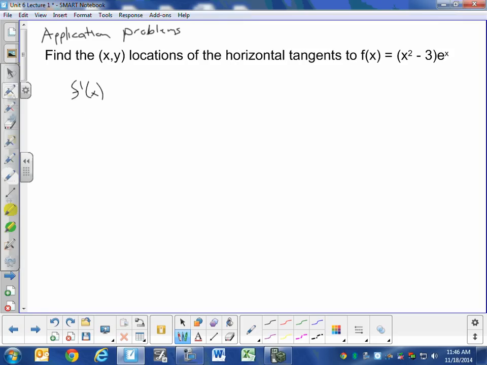Everybody find the derivative of x squared minus 3 e to the x. Understanding that we have a product, and we must use the product rule. F prime g plus g prime f. Derivative of the first times the second plus the derivative of the second times the first.